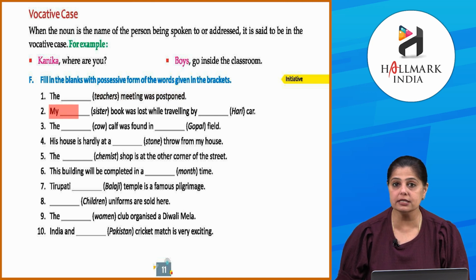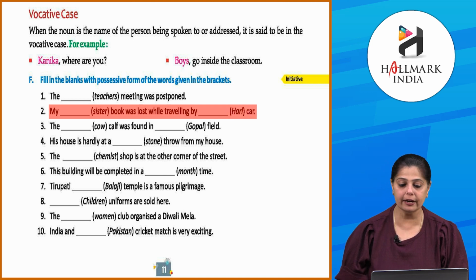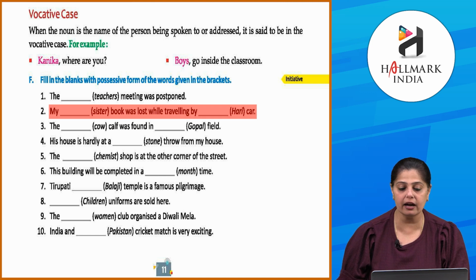My sister's book was lost while travelling by Hari's car. हरी के बाद अपॉस्ट्रोफी एस. क्लियर? ऐसे जल्दी जल्दी बाकी सारे जो क्वेश्चंस है, सारे जो ये सेंटेंसेस हैं, उनकी एक्सरसाइज कंप्लीट कर दो.